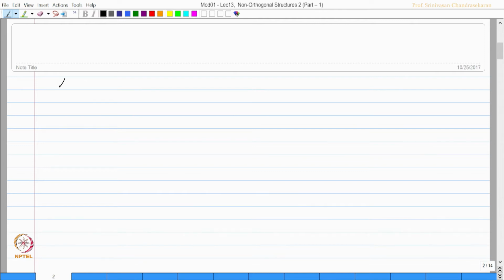Let us consider two orthogonal set of axes. Let us say x 1 y 1 and x 2 y 2.